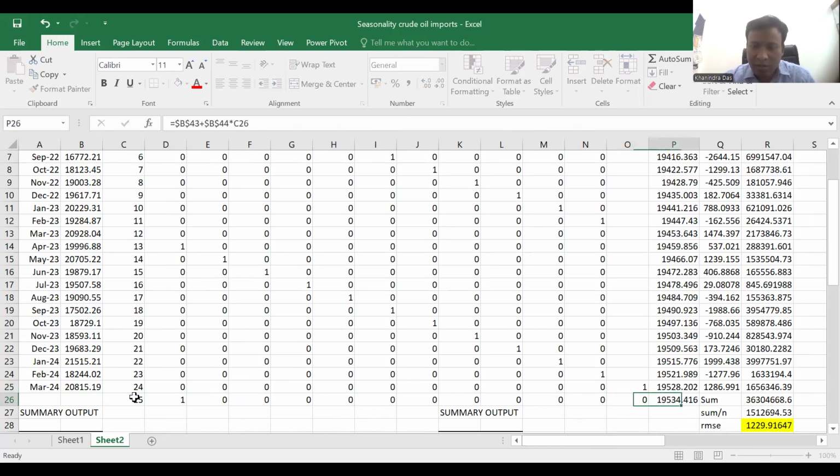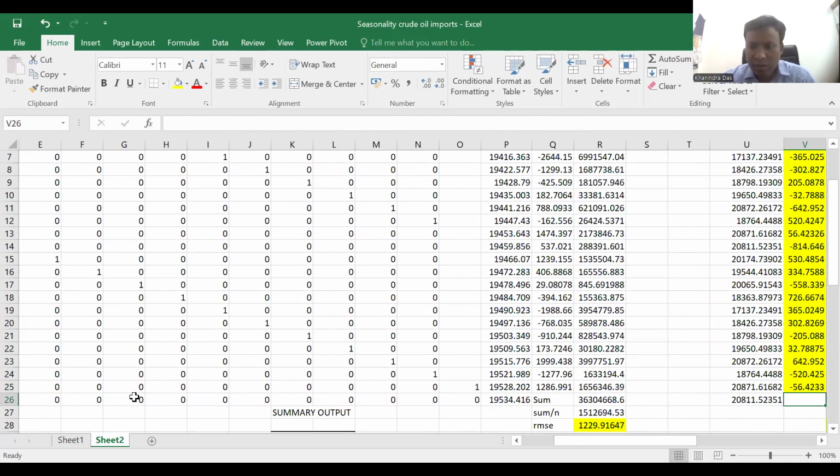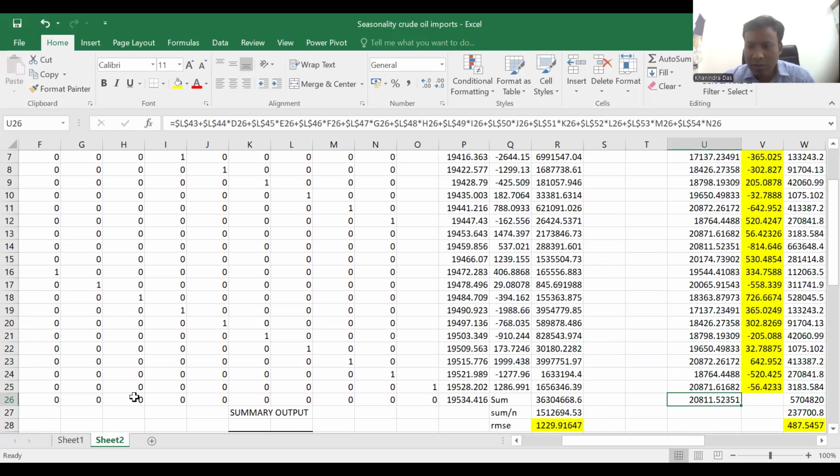So that way we are getting this forecast equal to 20811.